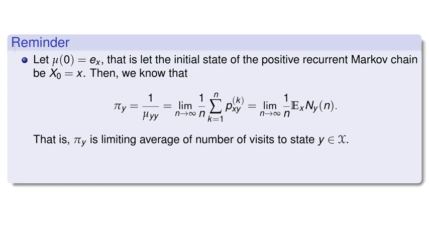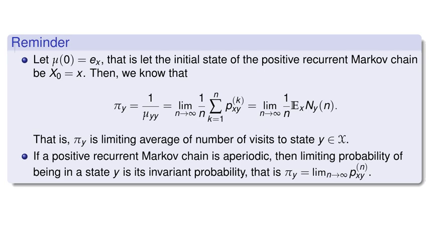In essence, pi sub y represents the limiting average fraction of time the chain spends in state y. Furthermore, if a positive recurrent Markov chain is also aperiodic, then the limiting probability of being in a state y is simply its invariant probability. That is, pi sub y equals the limit as n approaches infinity of p sub xy superscript n.